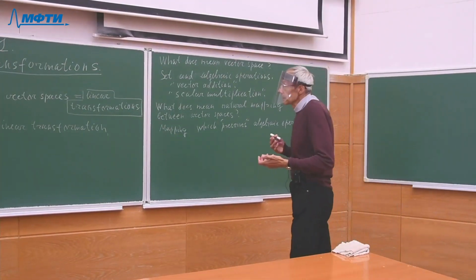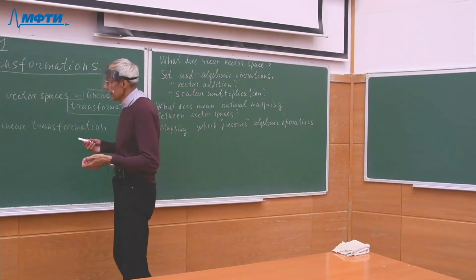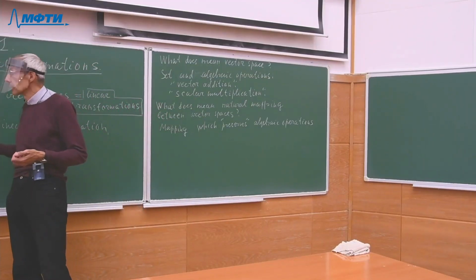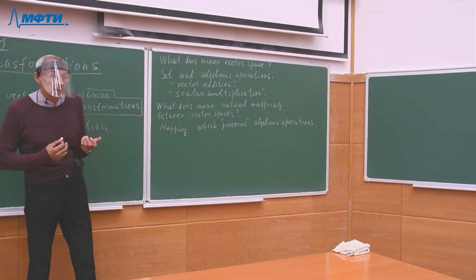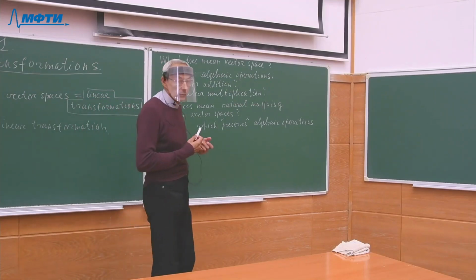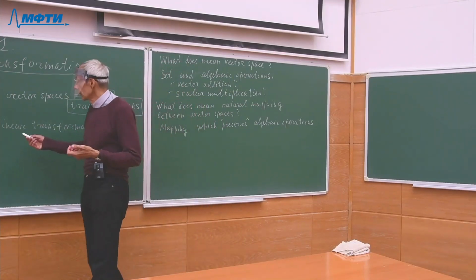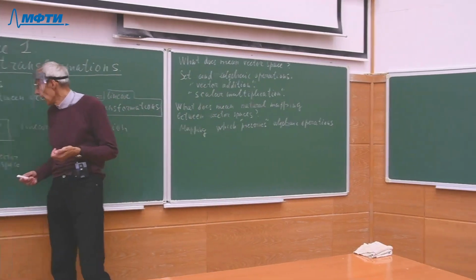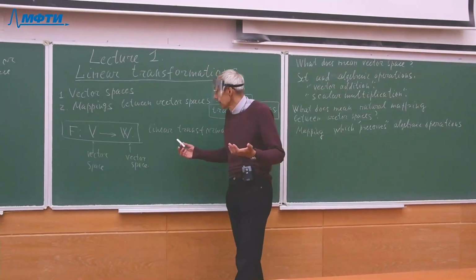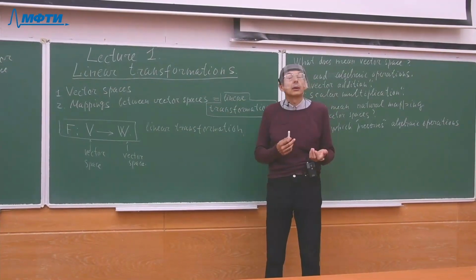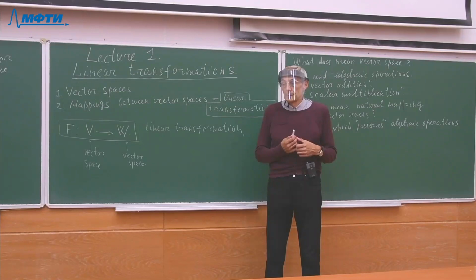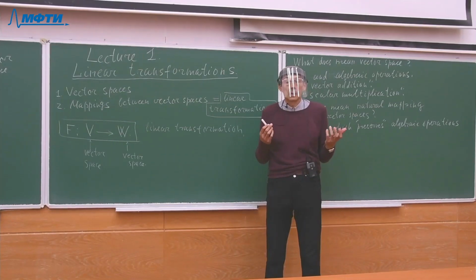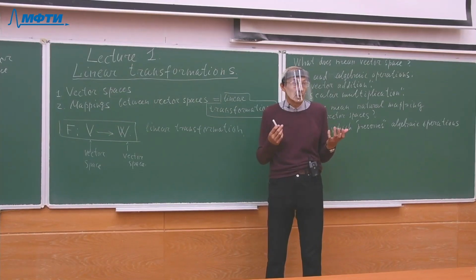We will suppose that the mapping between two vector spaces satisfies these two conditions, and such a mapping we will call a linear transformation.